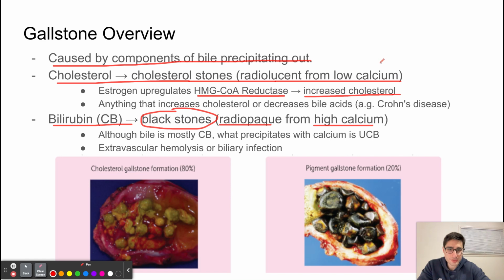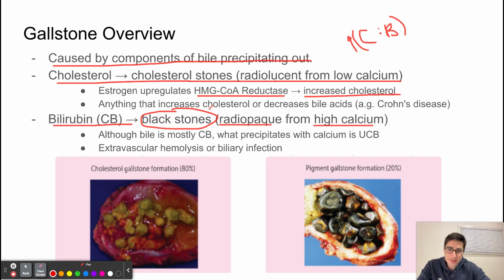So this is going to make it more likely to form cholesterol stones for females because they're going to have this cholesterol to bile ratio that is going to be high in cholesterol. And so, if you have a high cholesterol to bile acid ratio, then cholesterol can precipitate out of the solution to cause cholesterol stones.